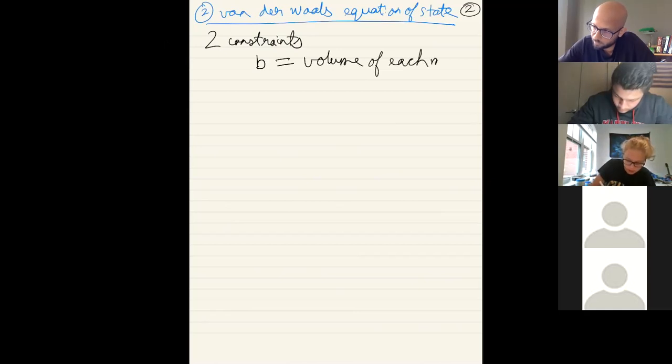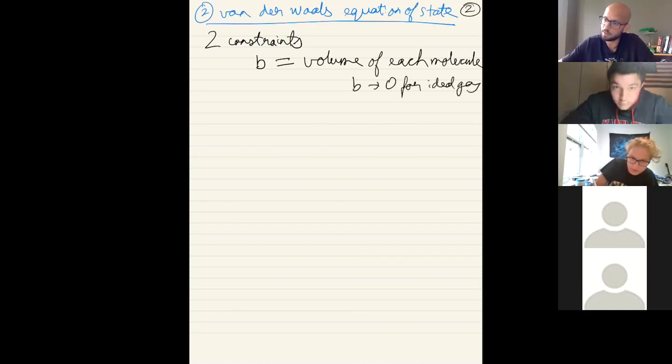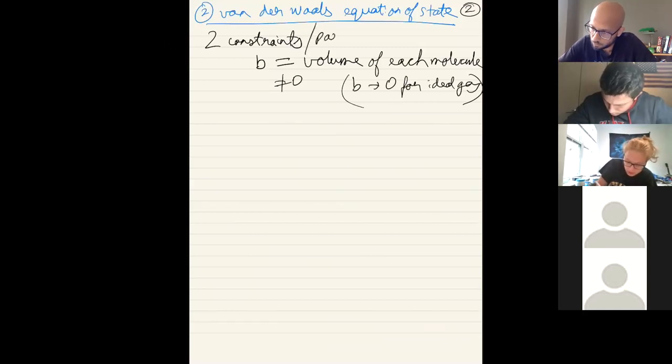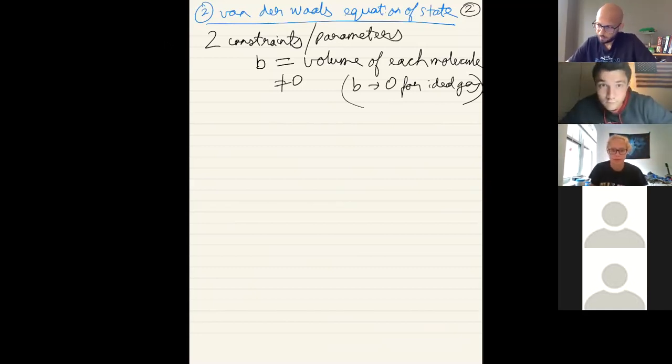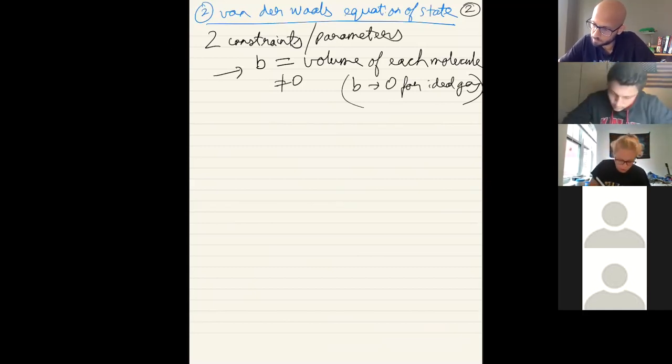We know in a perfect gas, we set B tends to 0, but here, this is not going to be equal to 0. So it considers this parameter.